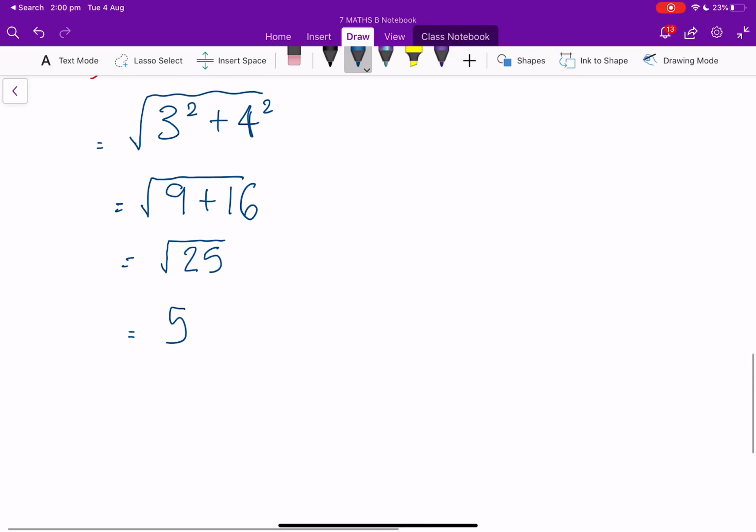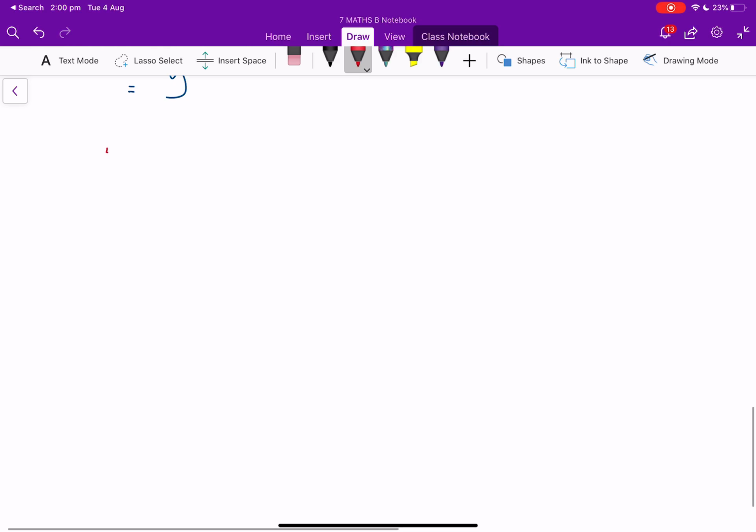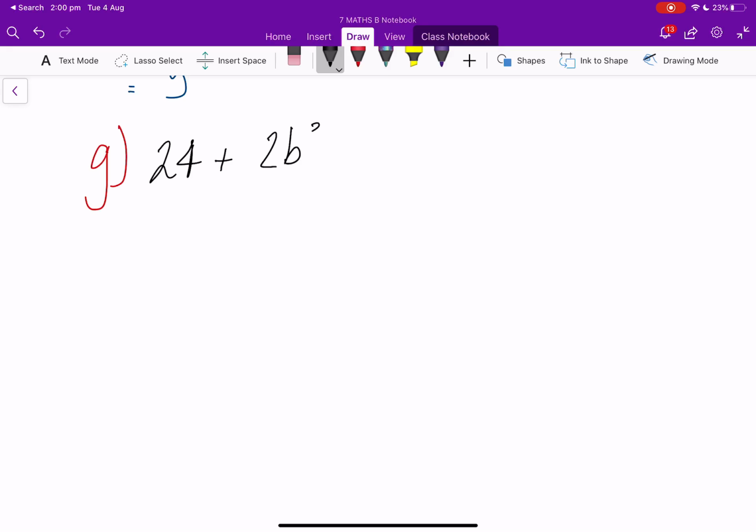Okay, we've just got 2 more to go. Now the next one is G. I've got 24 plus 2b cubed over 6.